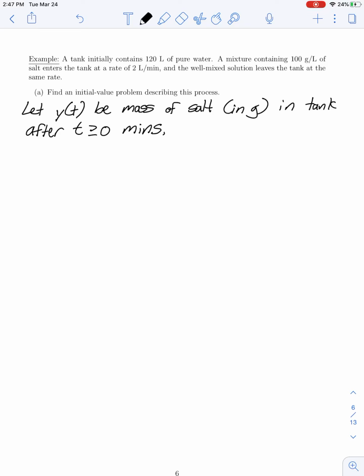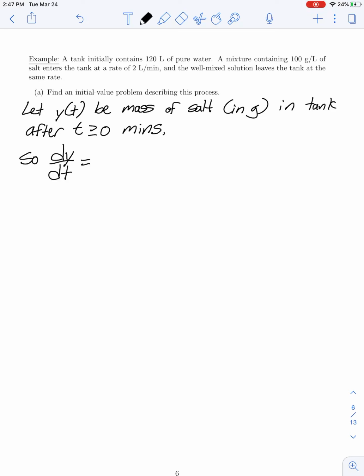So what I'm interested in is this quantity y, and I'm given in the problem information about the rate at which y is changing. So in particular, the rate at which y changes, that is the derivative of y, can be described by the following equation.